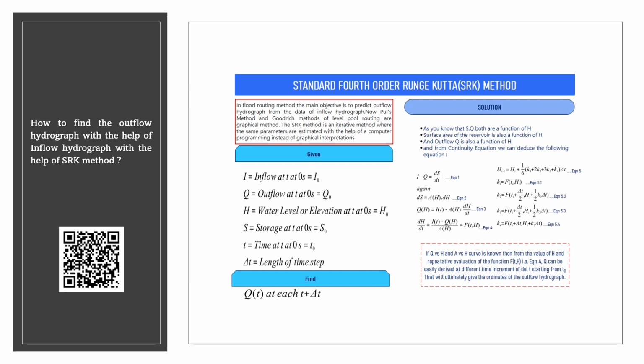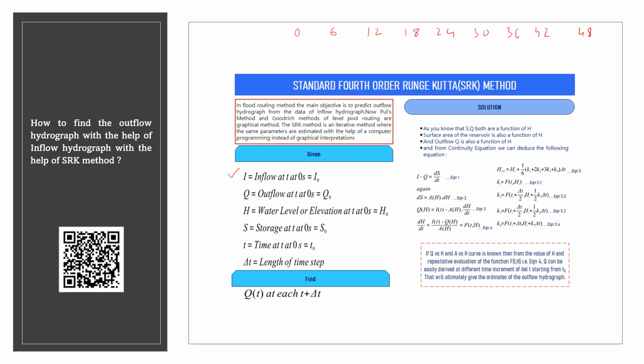Basically what will happen is you will be provided the data of inflow hydrograph. I want to say that the data is like this. The moment the flood enters into the reservoir, we start our time scale from 0, and after then 6 hour, 12 hour, 18 hour, 24 hour, 30 hour, 36 hour, then 42, 48 hour.